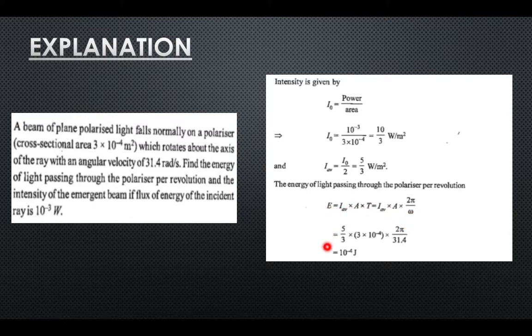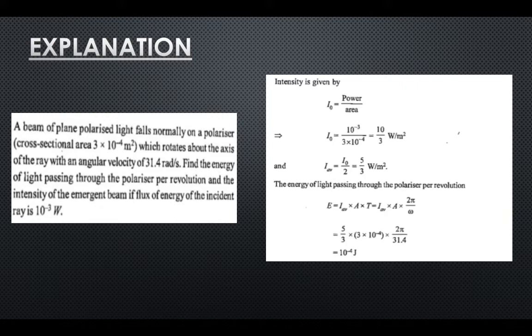So the energy will become 5 by 3 into 3 into 10 to the power minus 4 into 2 pi by 31.4. These values can be substituted from the given data and the calculated data. On solving, we get the energy of the light as 10 to the power minus 4 joules. So in the first part we have found the intensity as 5 by 3 watts per meter square, and in the second part the energy as 10 to the power minus 4 joules.